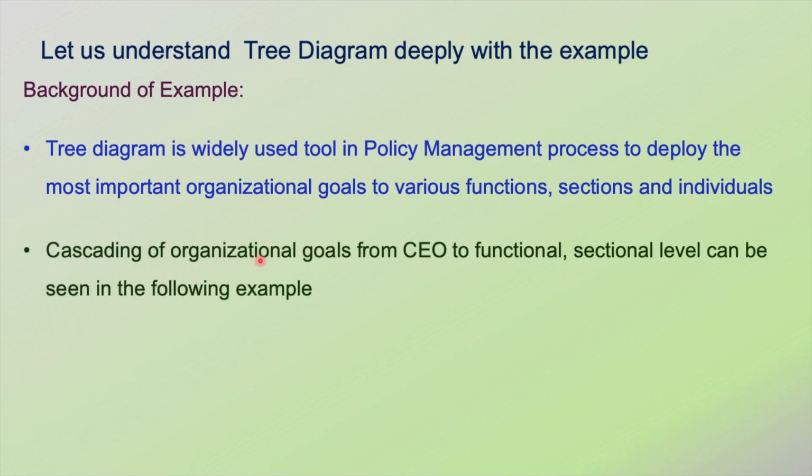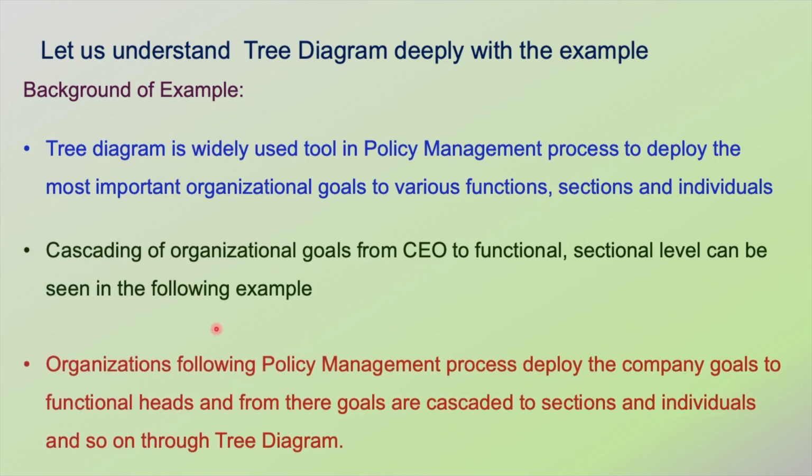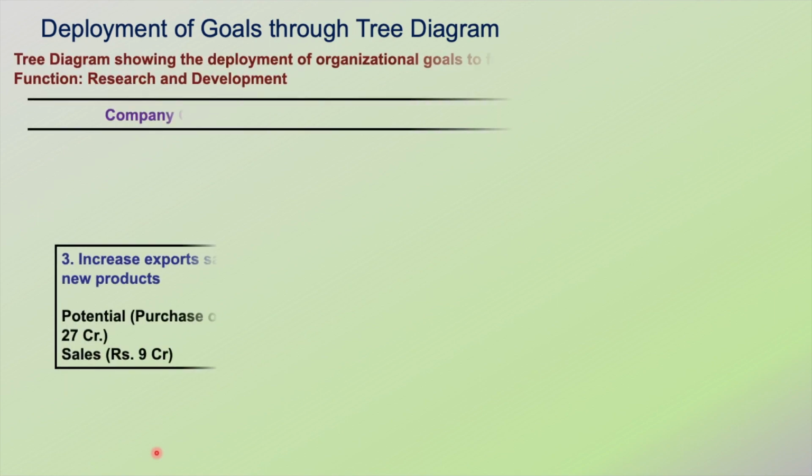Let us see one example. An organization following the policy management process deploys the company goals to functional heads. From there, goals are cascaded to sections and individuals, and so on, through the tree diagram.